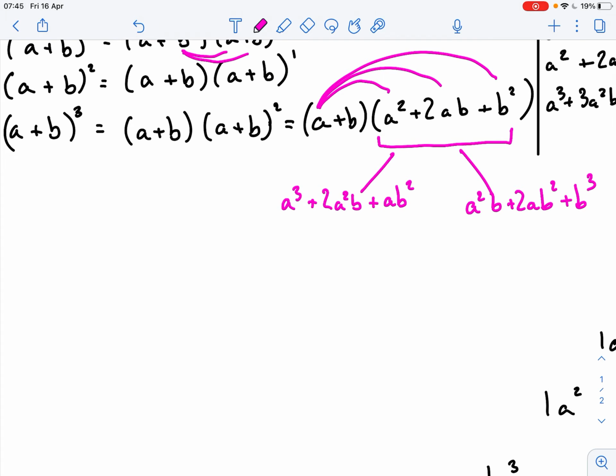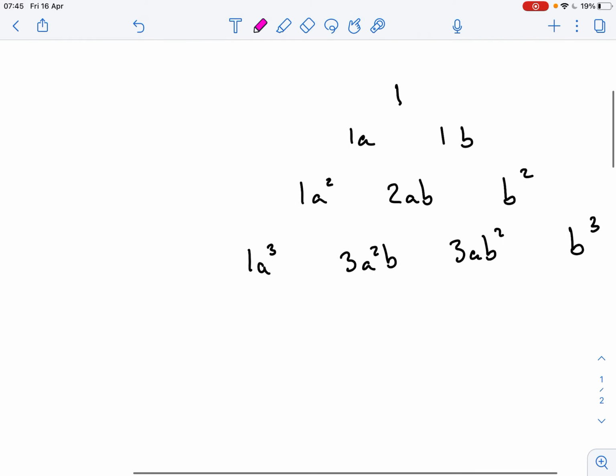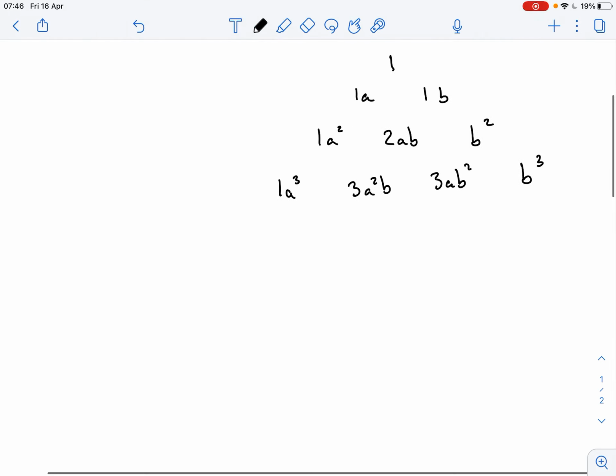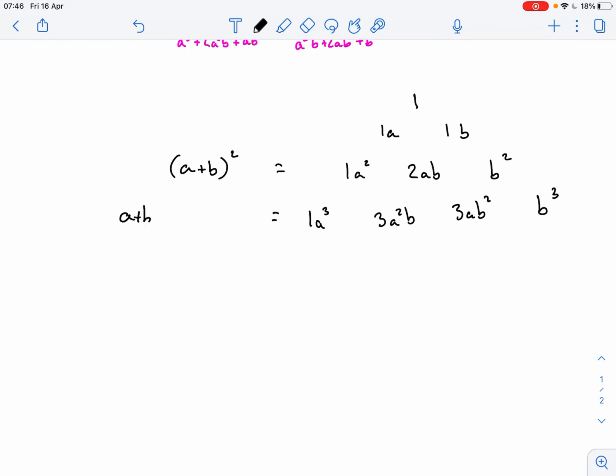And just to show it really taking effect, I'm going to write out Pascal's triangle with the binomials in them, and let's just remember that this was a plus b squared. So a plus b cubed is going to be a plus b times a plus b squared. Let's think about what's happening here. What's going to end up giving me a squared b?